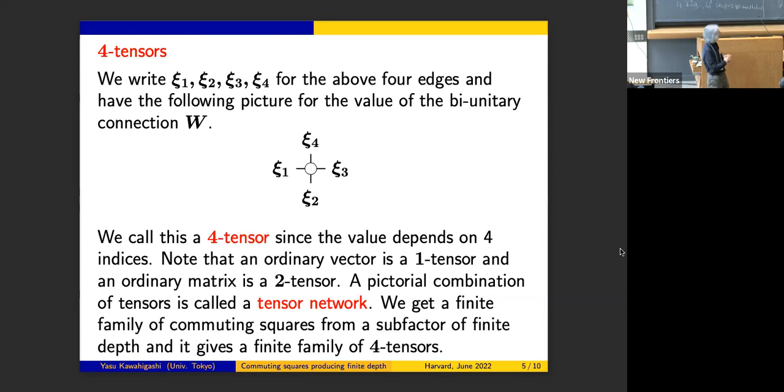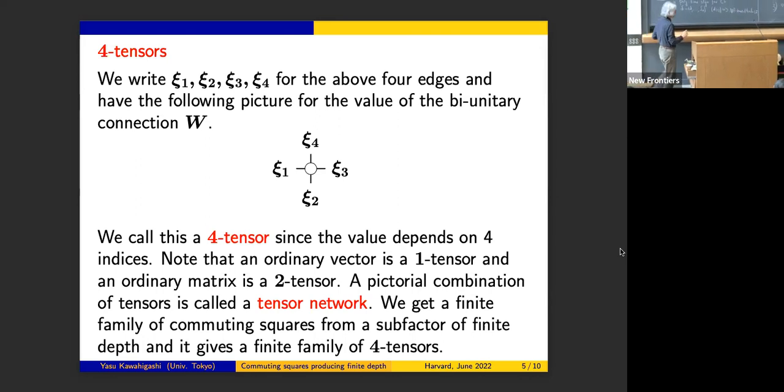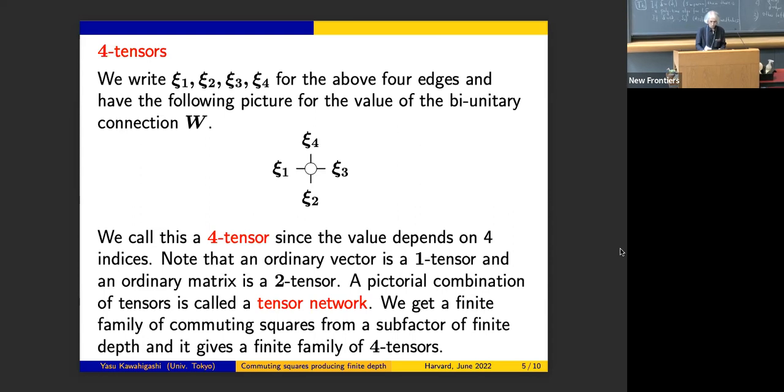In the subfactor setting, from a commuting square we get a finite family of commuting squares through the basic construction. So in this case, we get a finite family of 4 tensors. In the center of this picture, we have a circle, and we put some label for this circle. In this way, we have a labeled circle.